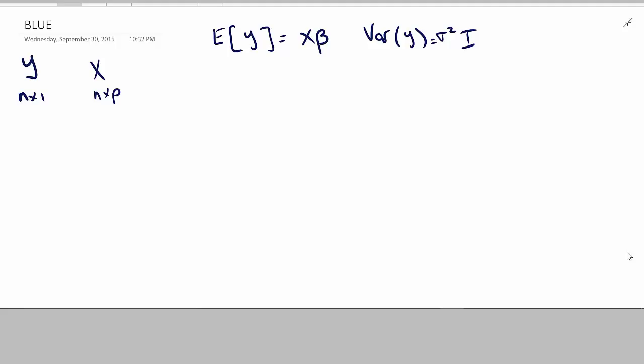So the components of y are uncorrelated with a constant variance, and the expected value of y is a linear combination of the columns of x given by beta, which we don't know and would like to estimate.